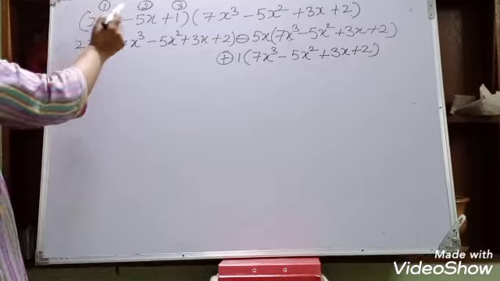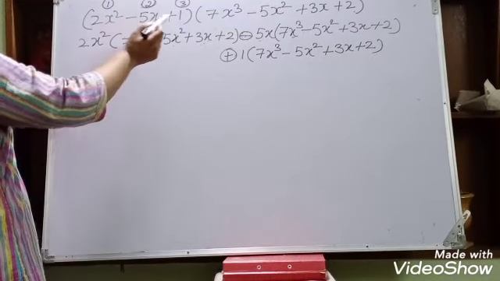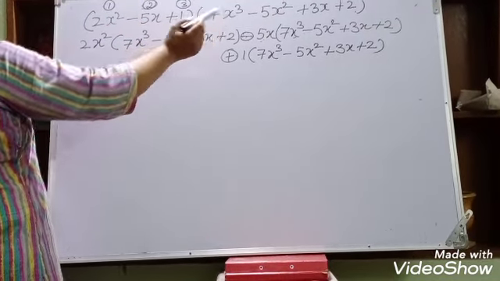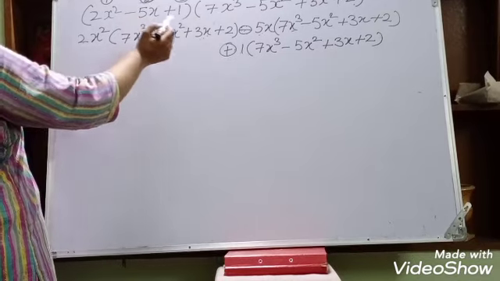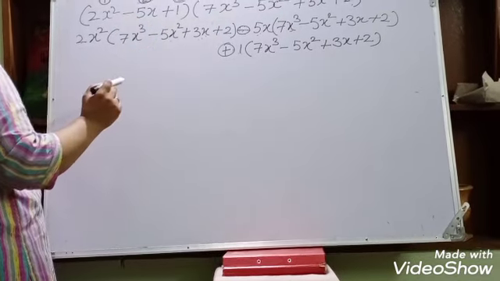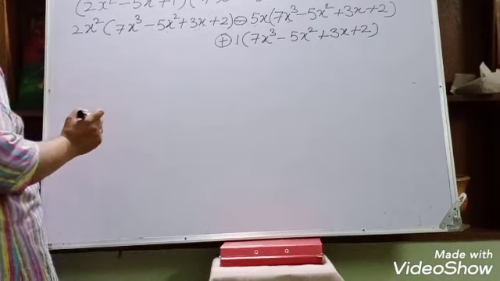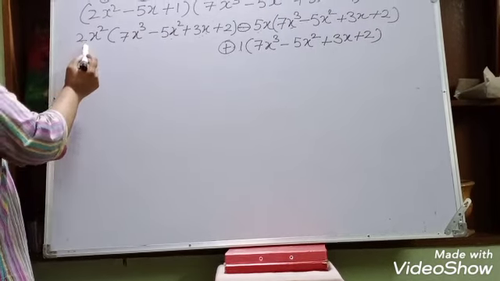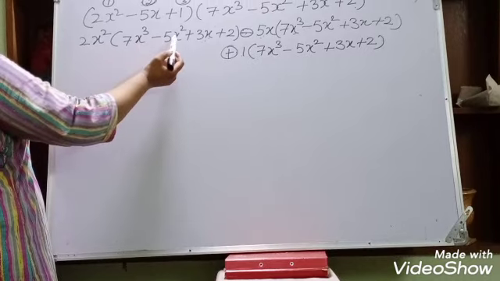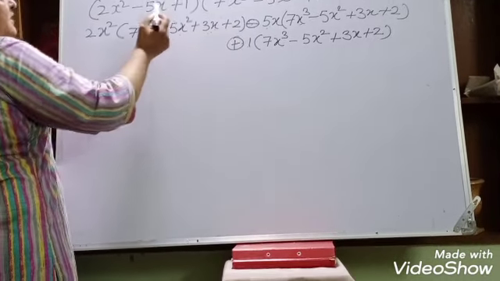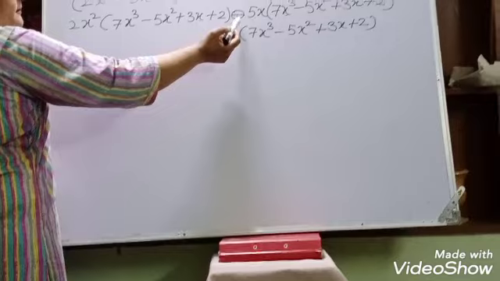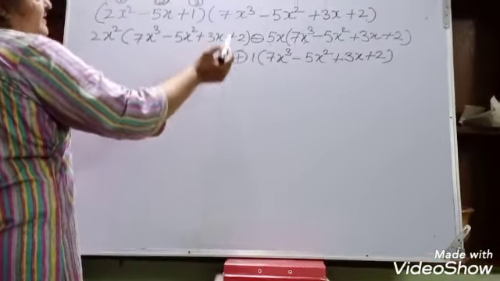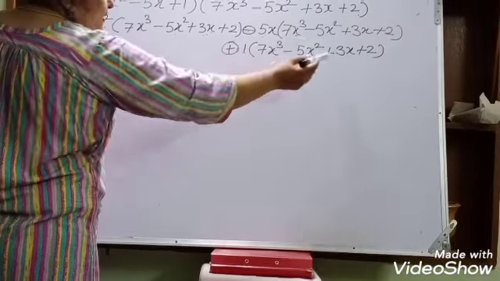Here I have written 1, 2, 3, meaning the first term is to be multiplied by the entire second bracket, the second term will be multiplied by the entire second bracket, and the third term will be multiplied by the entire second bracket. So 2x square into 7x cube minus 5x square plus 3x plus 2. Second term along with sign, minus 5x into the entire second bracket, plus 1 into the entire second bracket.